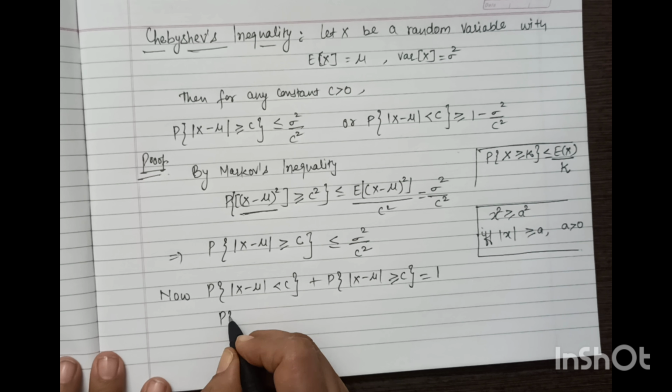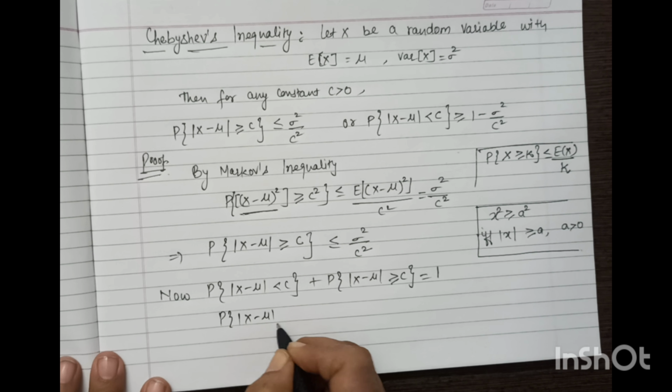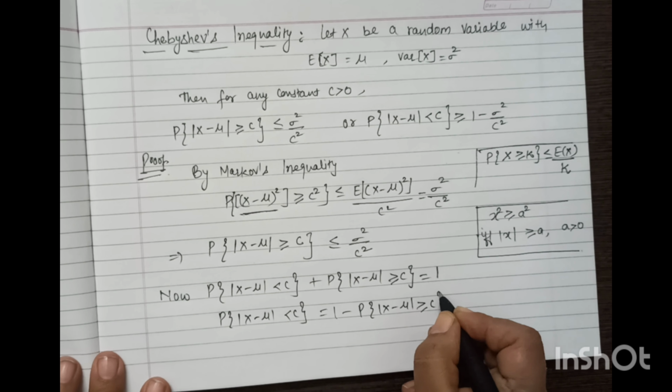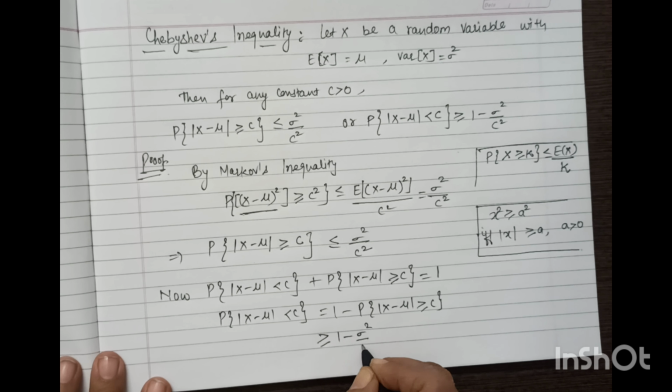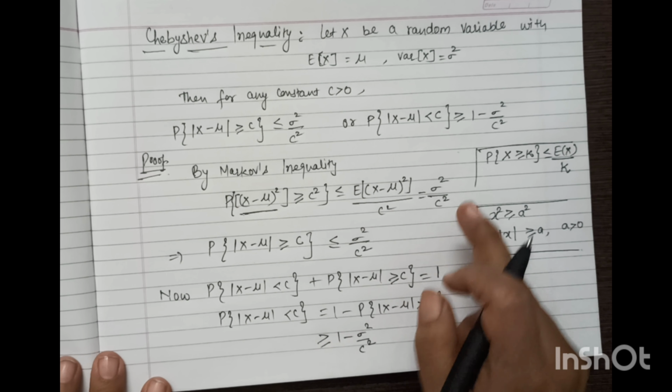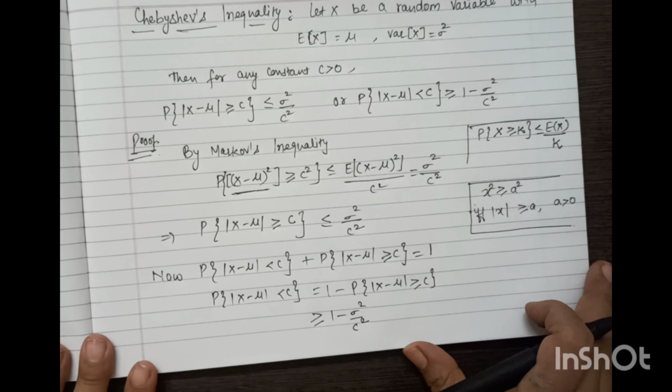And to find this, this will be negative here, and in the negative of a quantity the signs get reversed: the less than symbol gets reversed as greater than, and the value gets the negative sign. So this proves the second part.